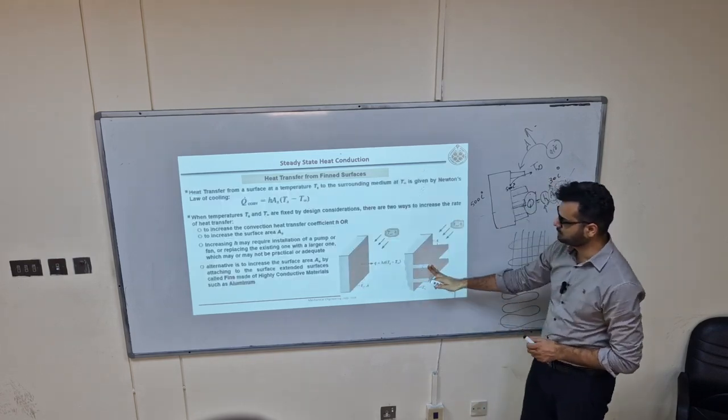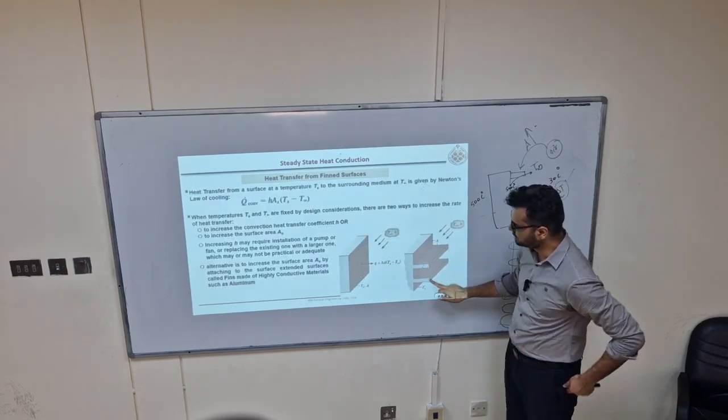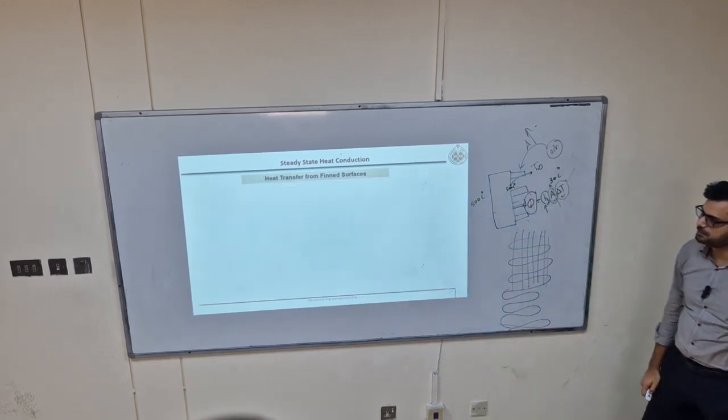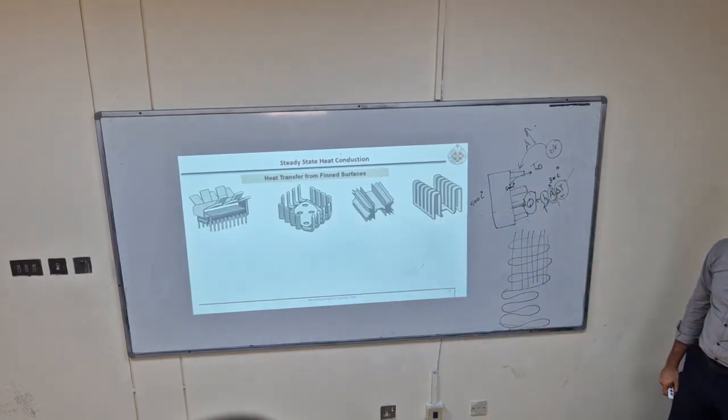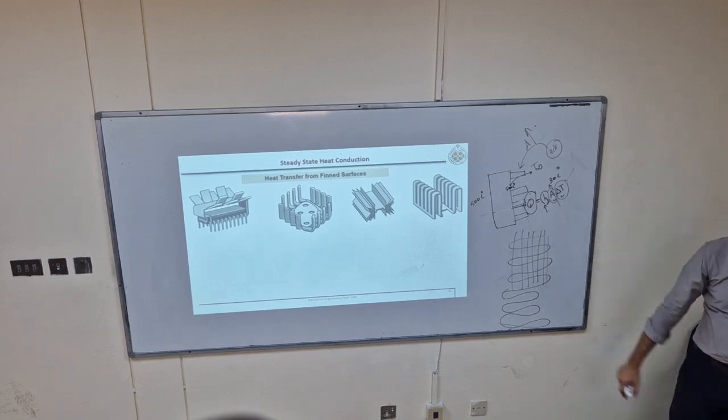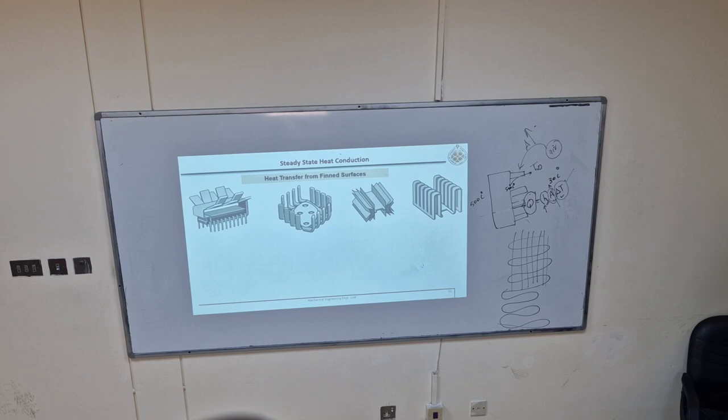So we are using such extended surfaces, which are called fins, right? Fins are not only used in these mechanical or thermal systems, they are also used for cooling of electronic equipment.